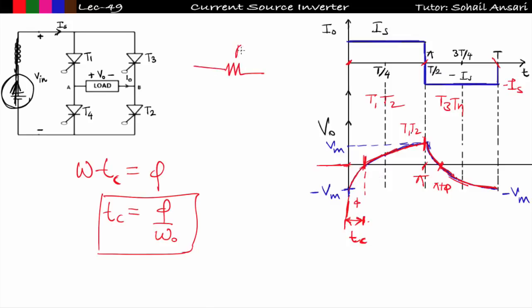Suppose this RC load is taken, it is necessary to find the voltage drop across this capacitor Vc of t, and how much current is flowing across this capacitor Ic of t. I am interested in finding these things. So let me derive the voltage across the capacitor Vc of t and Ic of t.